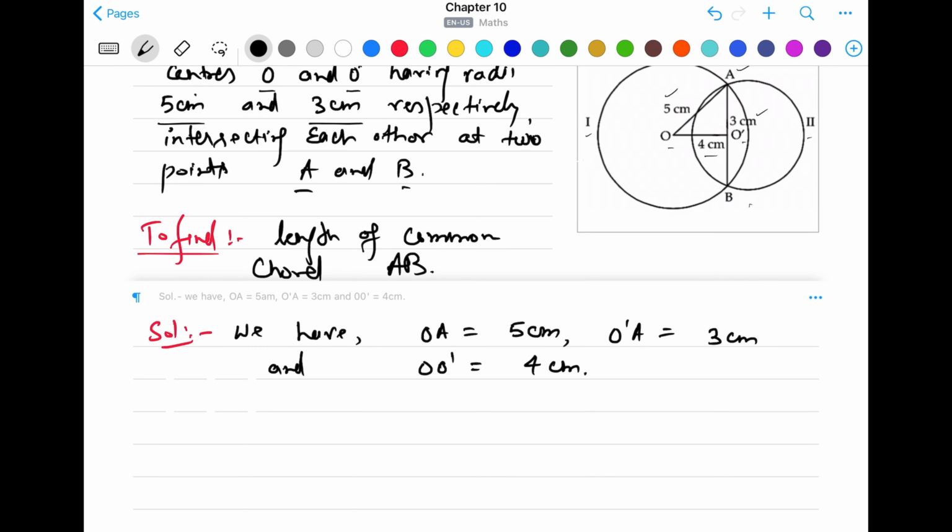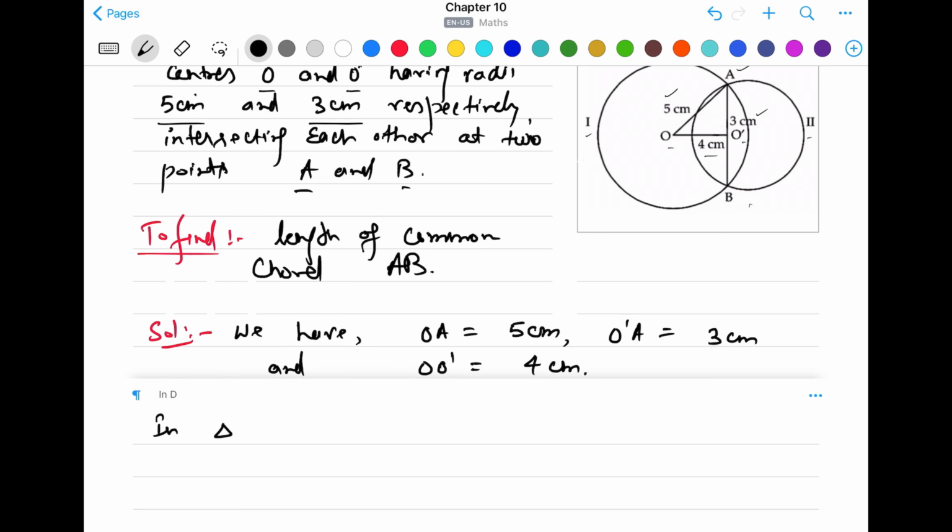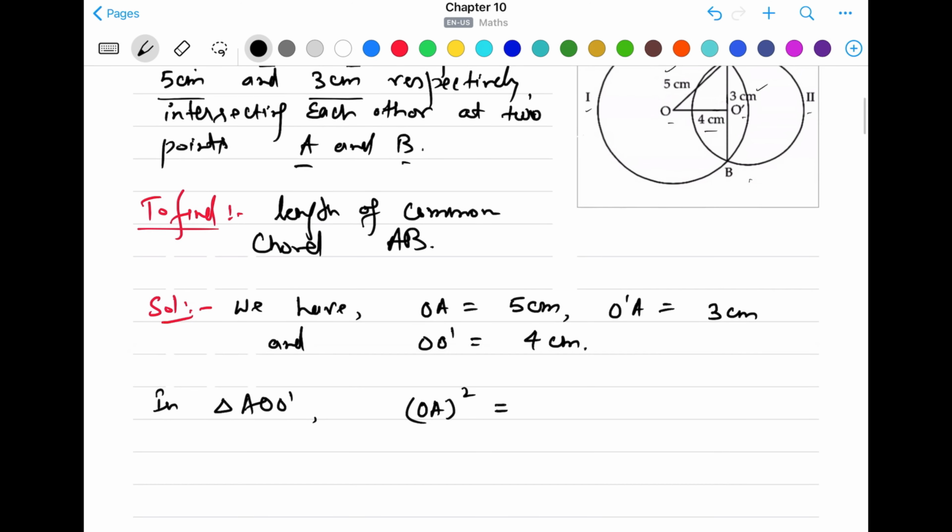We can see from here that in triangle A O O dash, we have OA square equals O dash A square plus O O dash square.